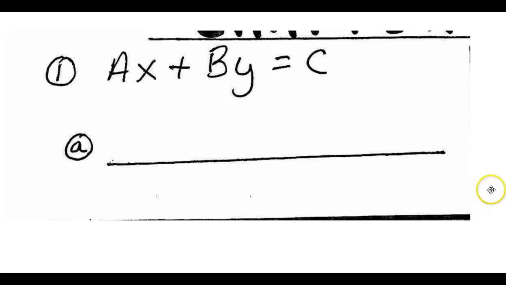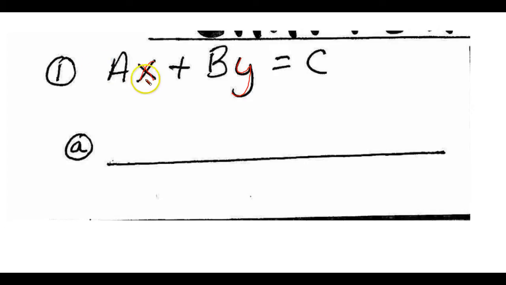Now, in this first example, what we're looking at is a special formula in which we have the values of x and y in an equation that is equal to some number over here.